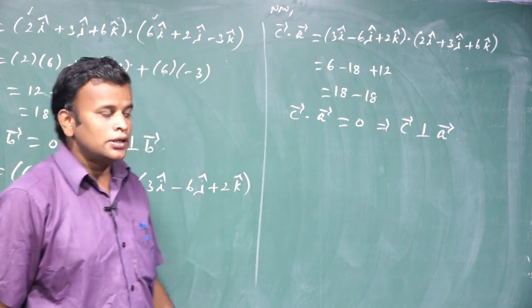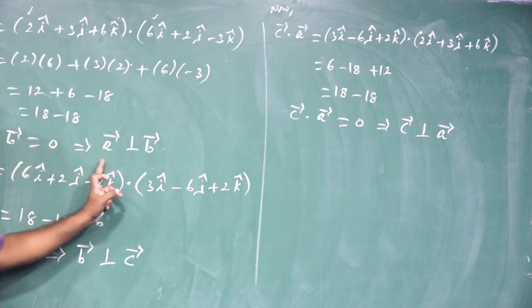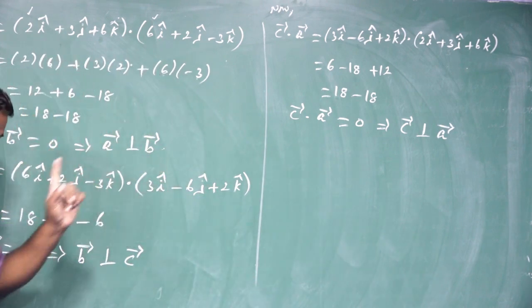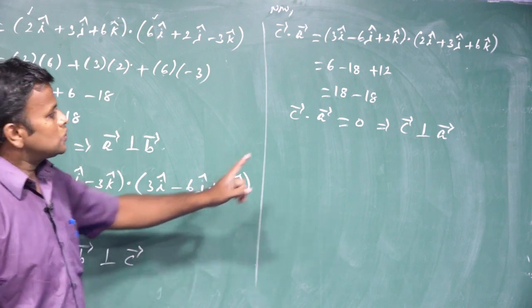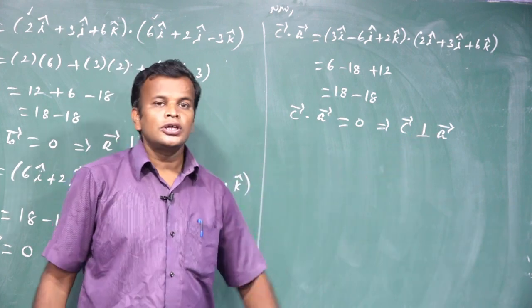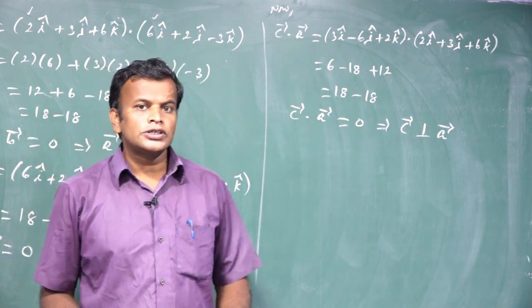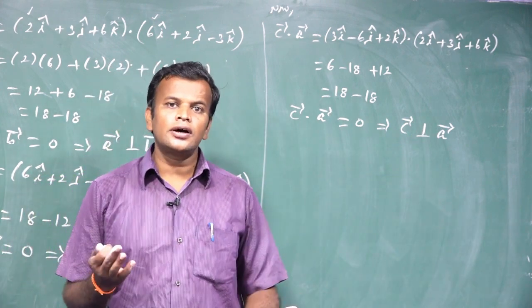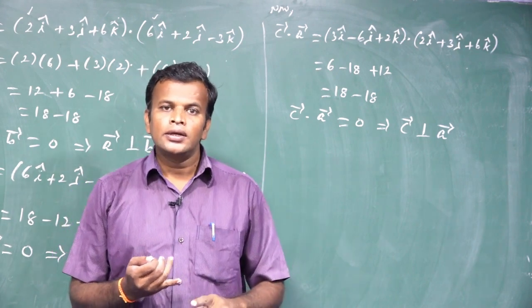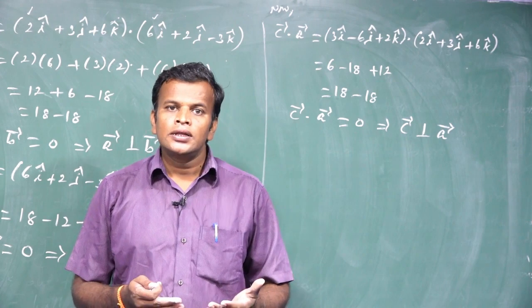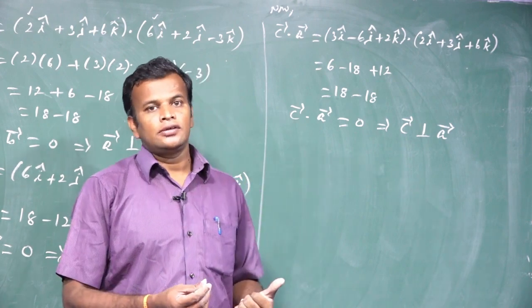Now you see a vector is perpendicular to b vector, b vector is perpendicular to c vector, and also the c vector is perpendicular to a vector. Now we come to the conclusion: all three vectors are mutually perpendicular. Mutually means a is perpendicular to b, b is perpendicular to c, c is perpendicular again to a.